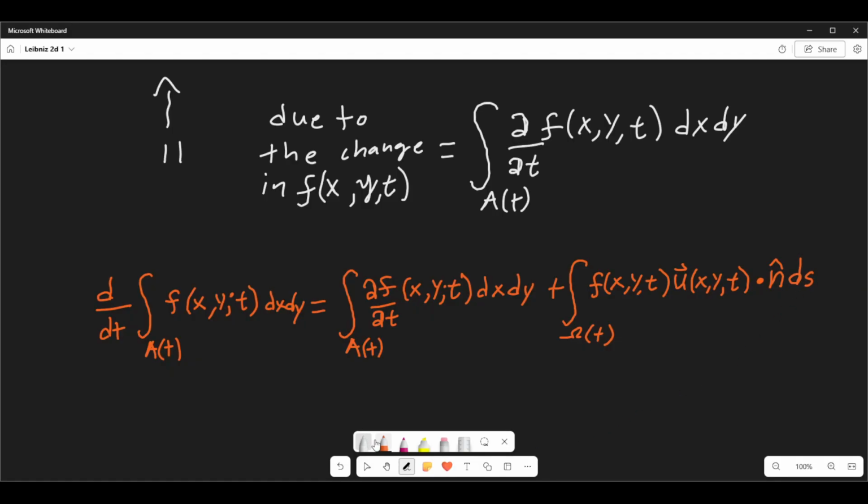And sometimes this is actually just combined and written as ds vector. Means the same thing.